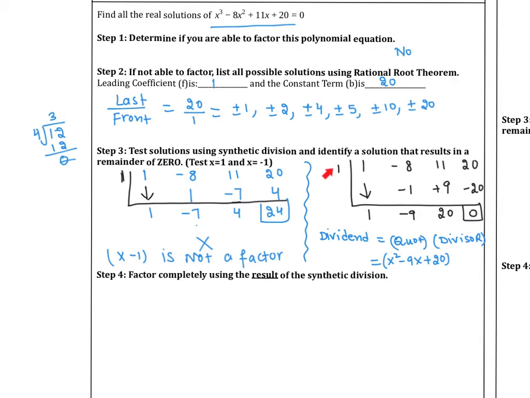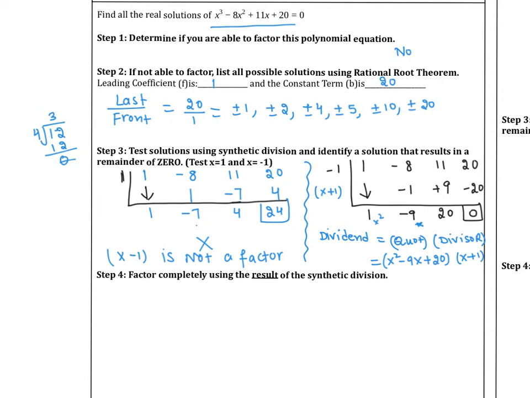If you want to write this divisor into a factor form, then we are going to write it x plus 1. So this is a number, but its factor form would be x plus 1. And this one starting with x squared and then x and constant will make a quotient for the dividend.